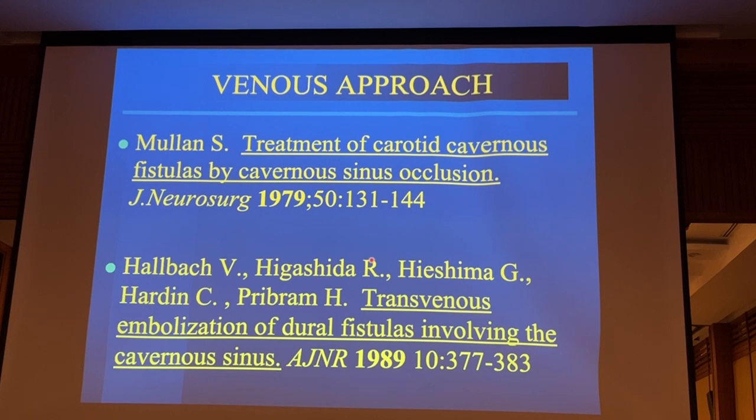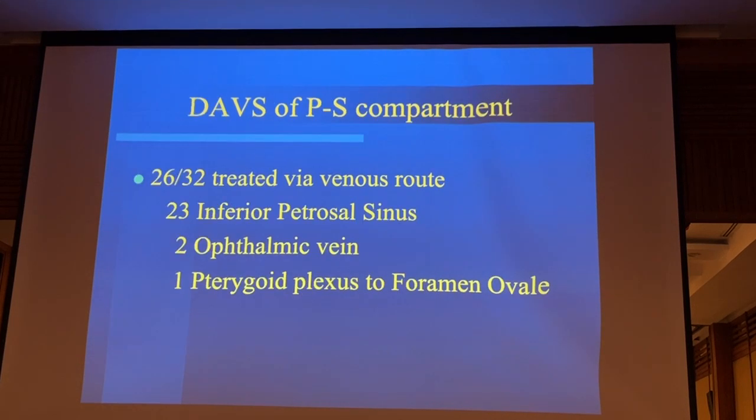Okay? The actual treatment of dural arteriovenous shunt by venous approach is from Grant Hishima's group. They introduced, first published in 1989, how you can treat by going through the inferior petrosal sinus and packing the cavernous sinus with coils. So that was the first introduction of endovascular treatment of dural shunt by transvenous approaches.